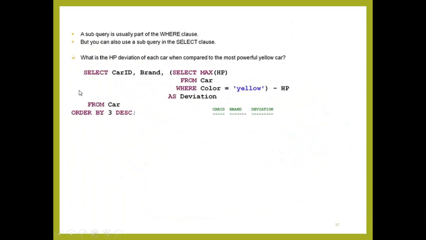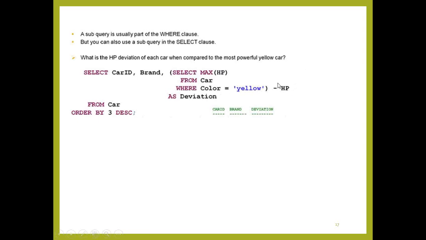Now here take car ID and brand. This is a separate query. Select maximum HP from the car, color equal to yellow. In that I am selecting the maximum HP, so maybe 100. After selecting, it will come as 100. 100 minus current HP.